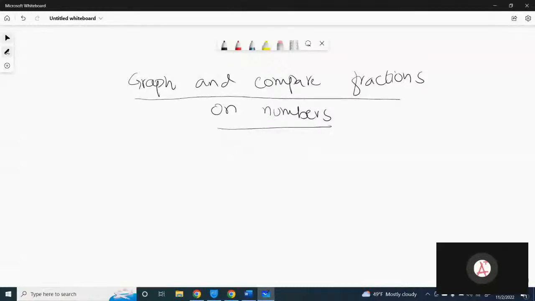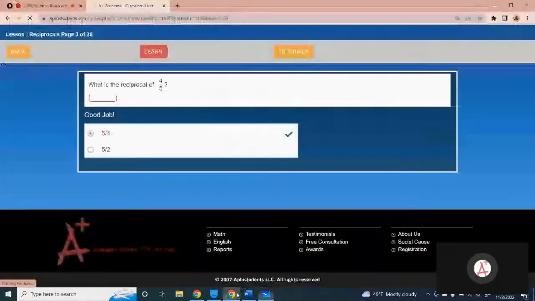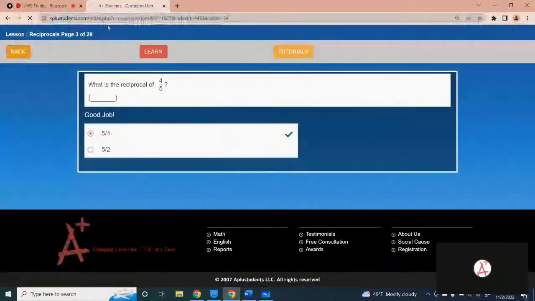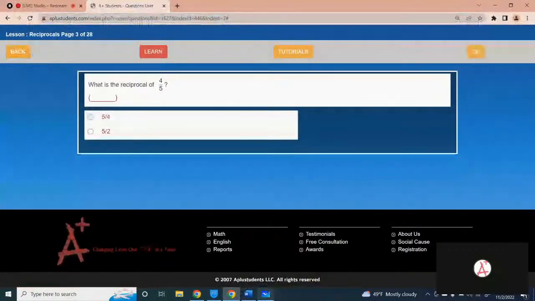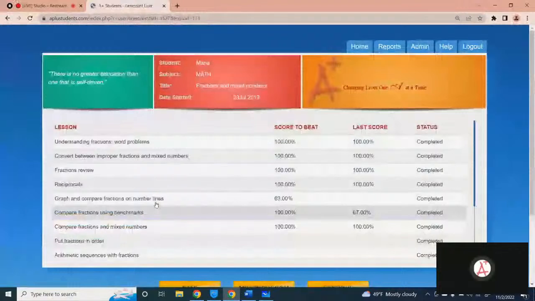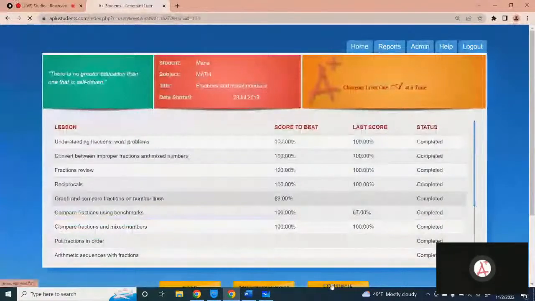Got it? So let's start with an example. So start with the next topic, that is graph and compare fractions on the number line.